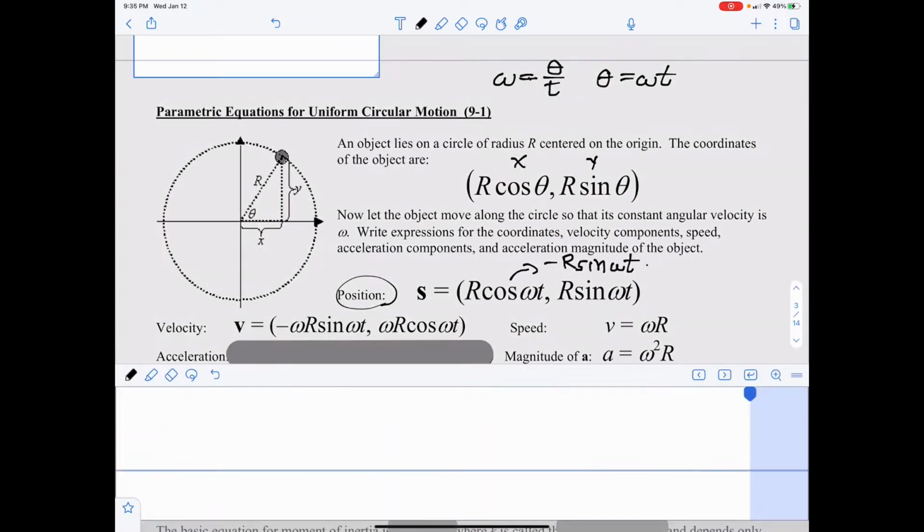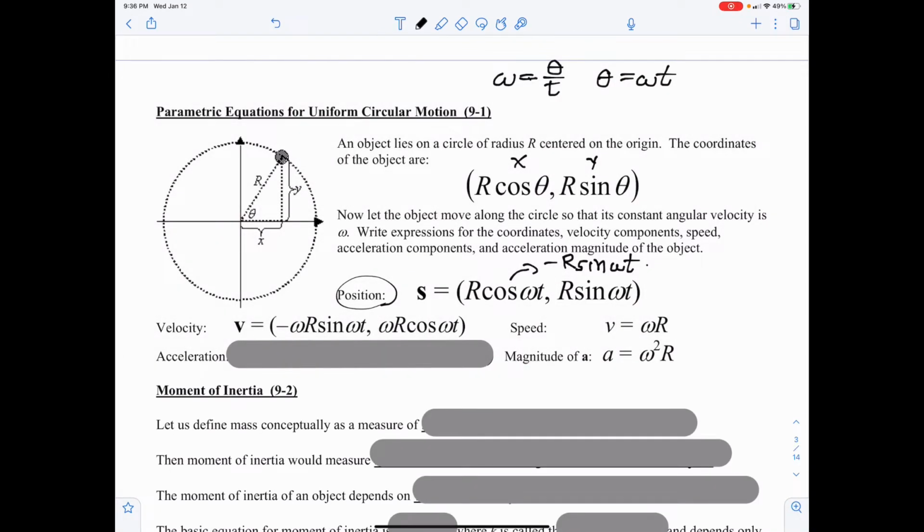But then you have to use chain rule for the inside function omega t, and the derivative of omega t with respect to t would just be omega. So I multiply the omega times the r out in front, and I get negative omega r sine omega t. That's how we get that there, just taking the derivative of that.